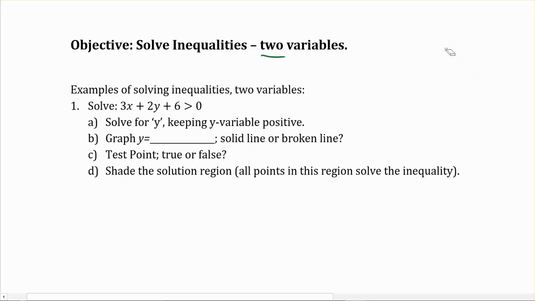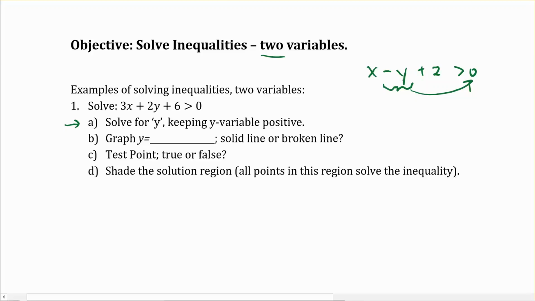The way we do these, for this one, it says solve for y, keeping the y variable positive. What I mean by that is, let's say we had a question like x minus y plus 2 is greater than 0. Step number one is we want to solve for y, make an expression with y. The first thing we want to do is keep the y variable positive, so we bring the y over to this side first.